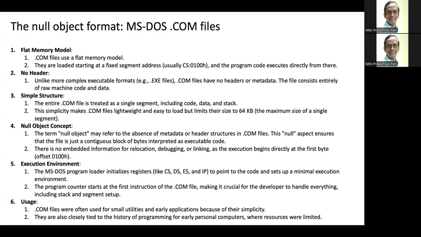A minimal execution environment is provided without any fancy parameters, and the program counter starts from the first instruction in the .com file. This helps developers handle everything on their own, including stack, segment setup, and so on.